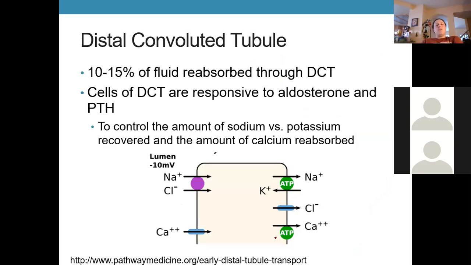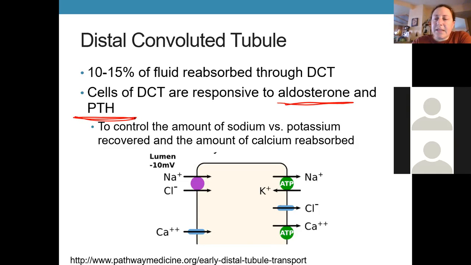So the distal convoluted tubule reabsorbs another 10 to 15%. So you can see the numbers are decreasing, right? We get the majority of stuff in the proximal convoluted tubule, and then we get as much as possible in the loop, and then we're trying to get the last of it here. So another 10 to 15% of fluid gets reabsorbed through the distal convoluted tubule, and the distal convoluted tubule is responsive to the hormones aldosterone and parathyroid hormone.